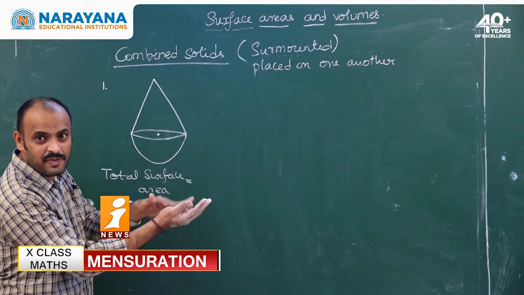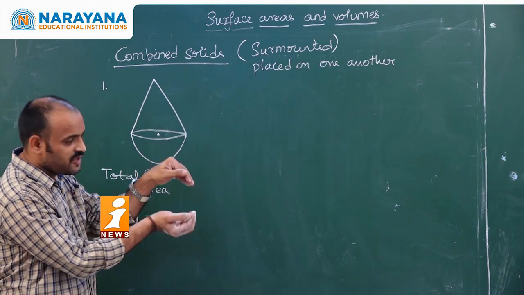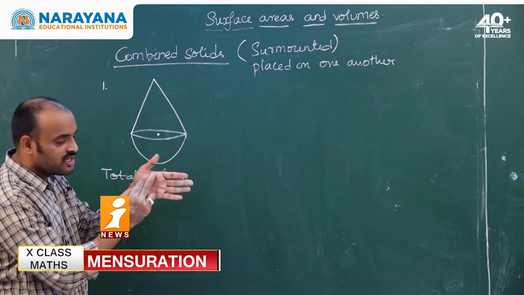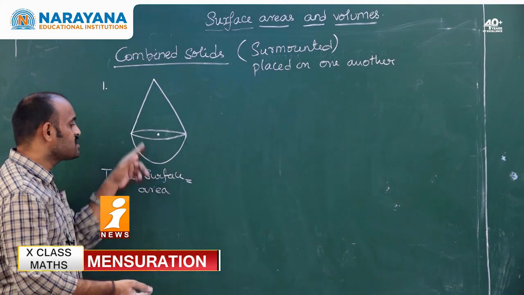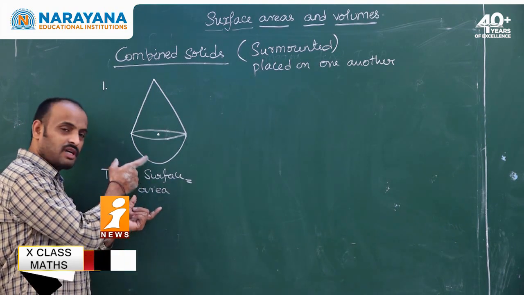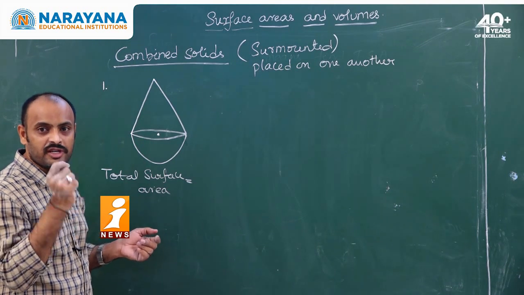So I cannot see these parts. If you consider this as cone and this as hemisphere, if I join them like this, I can see only the curved parts, not the bottom areas. That means whenever they say total surface area in combined solids, add the curved surface area of each figure.